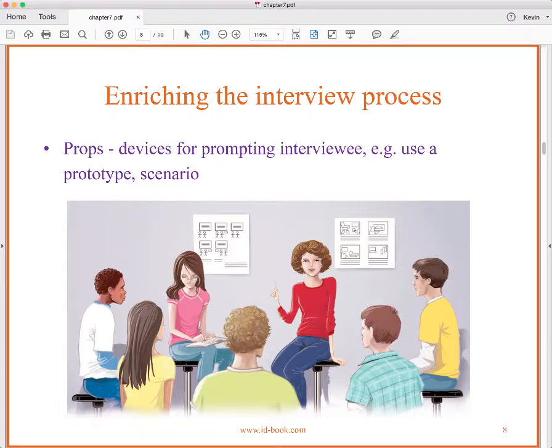Okay? We might put together some kind of a scenario that we want our interviewees to respond to. So it's possible for us to have parts of the interview experience, particularly the open-ended ones, that are going to somehow be enriched by using some kind of prop.